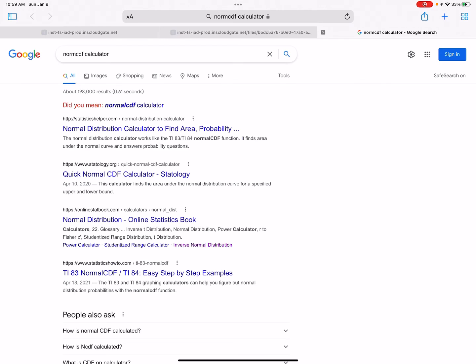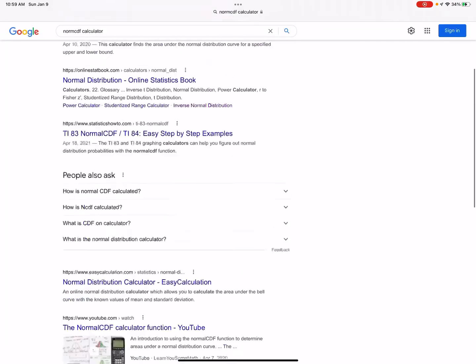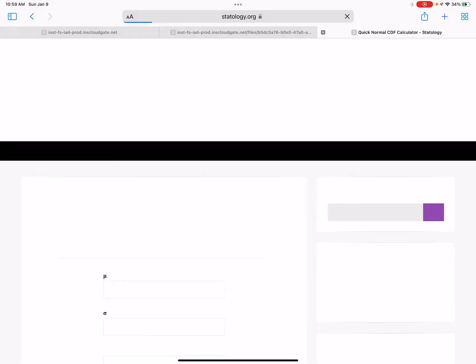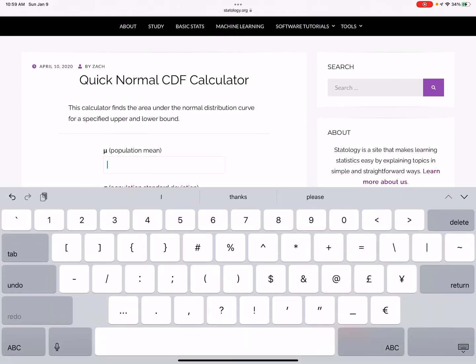Now, if we're at home without our calculator, we can open a normalcdf calculator. There are a couple of choices here. I'm just looking for one that I like. Okay, so the population mean is, we said, 188.